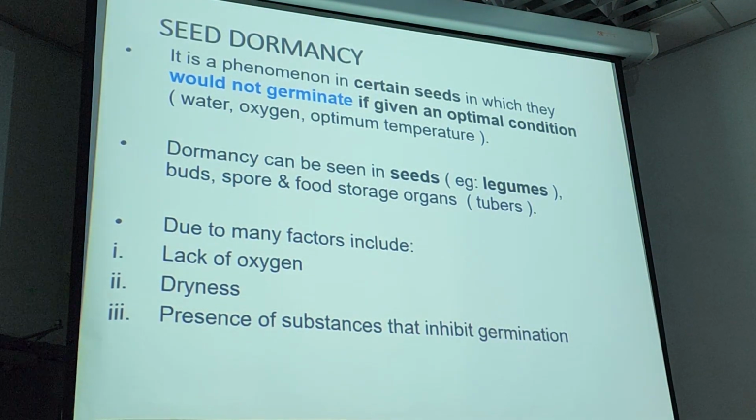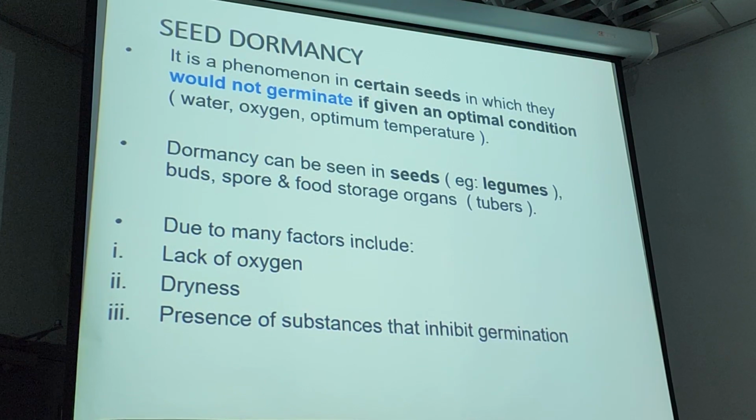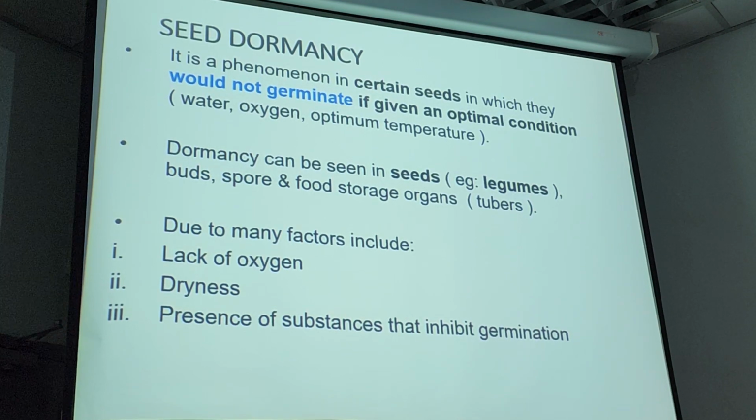So, in seeds, in general, when dormant, we are talking about two classes of hormone. We talk about ABA, abscisic acid, and GA, gibberellic acid. ABA is inhibitory. GA is growth stimulant.